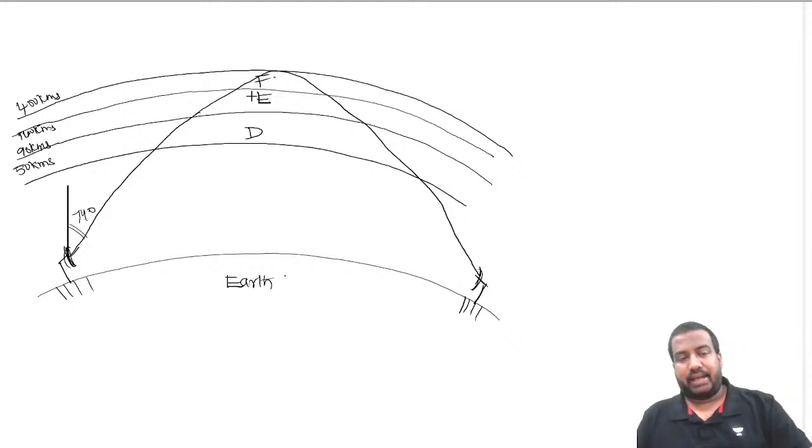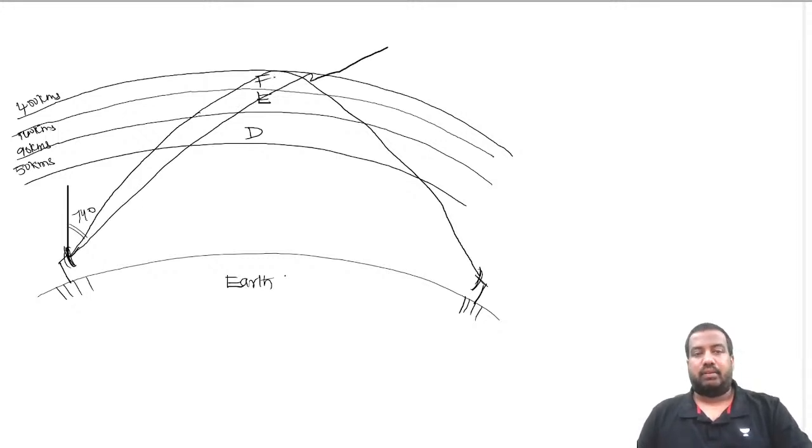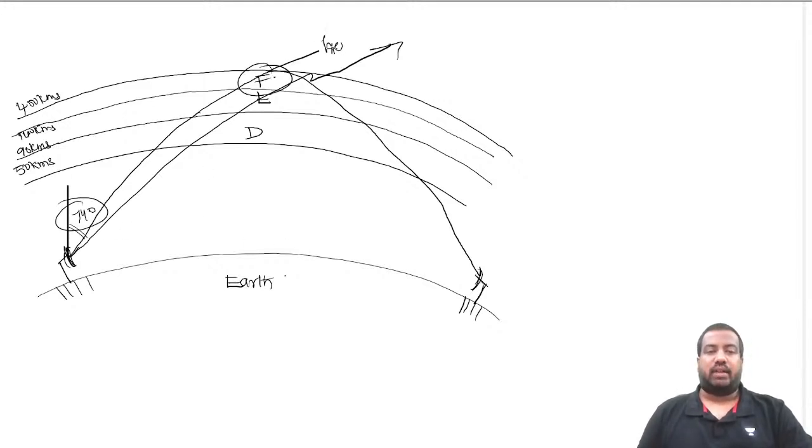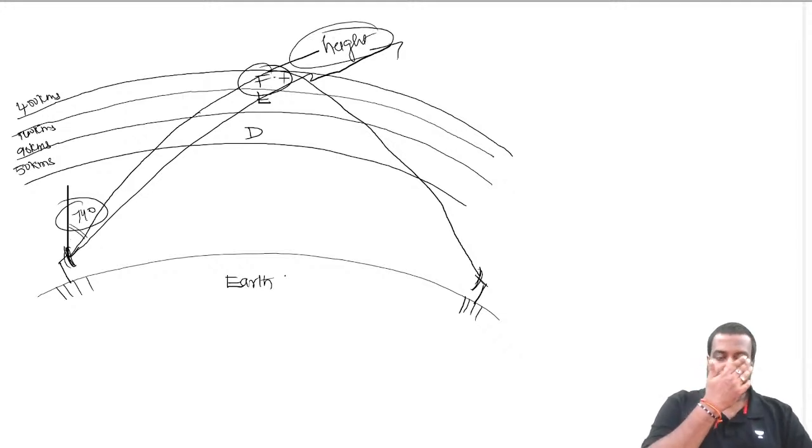If you further bend, for example like this, the wave will not come back. Maximum allowed for a given F layer, based on the height of the layer, is 74 degrees.